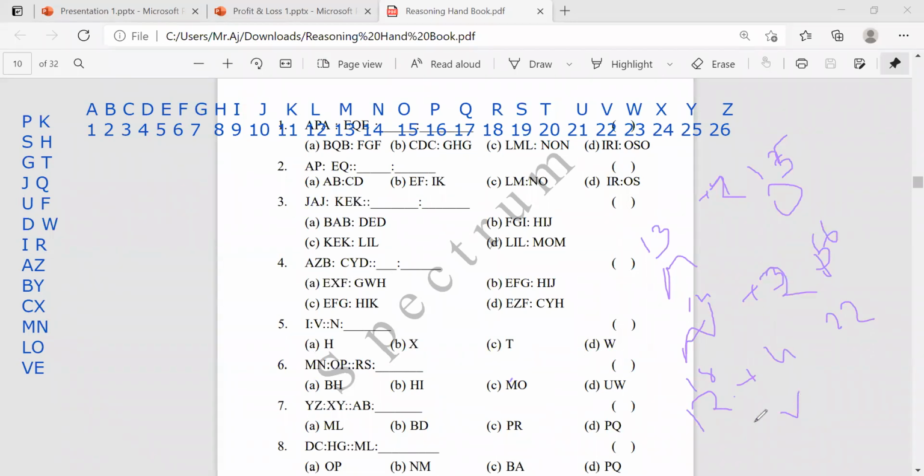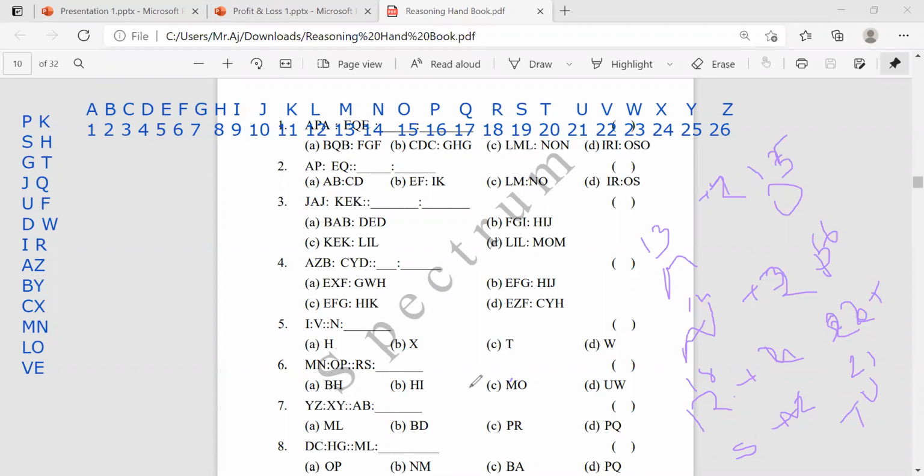So R is 18 plus 2, it's nothing but 20. 20 is T, right? And S plus 2, 19 plus 2, 21. So TU we will get like this.